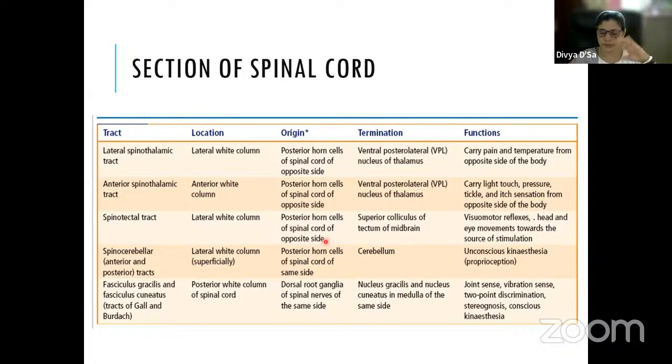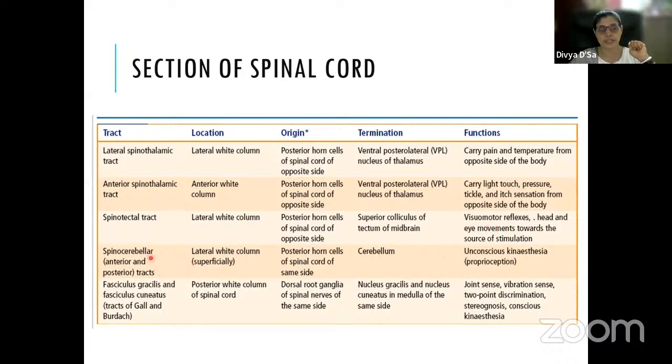All of these are from the posterior horn. It ends in the superior colliculus of the tectum of the midbrain. This is responsible for visuomotor reflexes, the movements by which we change the position of our head and neck.